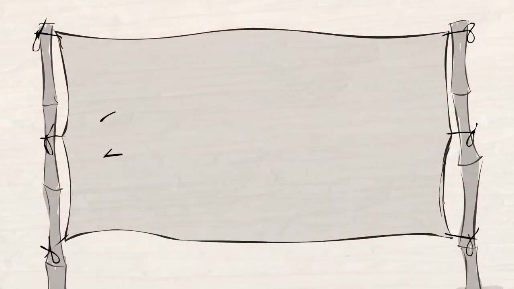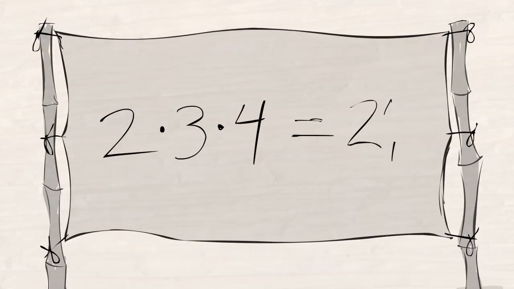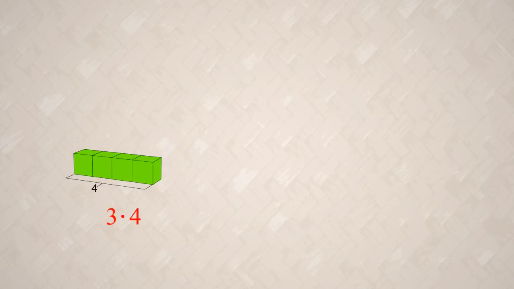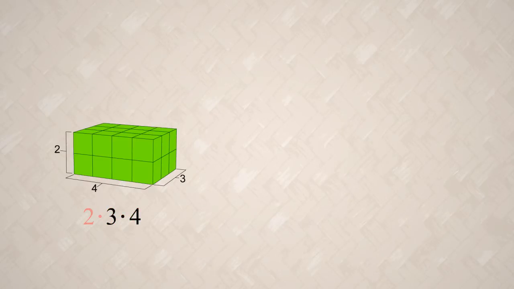On Coco Loco, we soon discovered that the commutative property also applied to situations where more than 2 numbers were multiplied together. For example, let's say that you had 24 boxes. You can stack these boxes in several different ways. For instance, you could arrange them in 3 rows of 4 boxes and stack them 2 levels high.